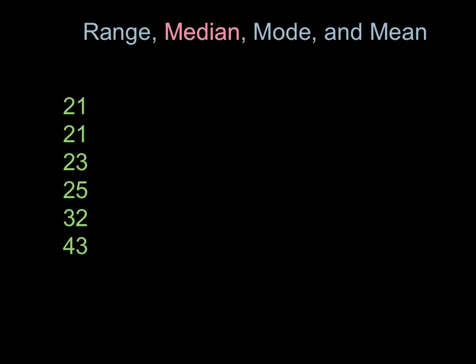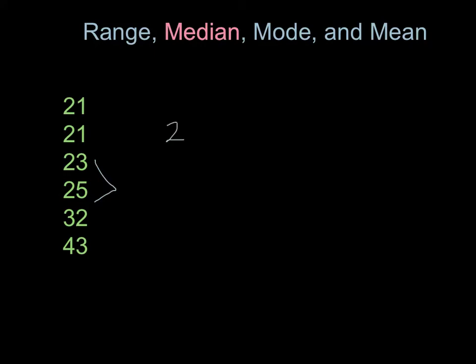Okay, here's one more example with median. In this case, they give 6 numbers instead of 5. So when finding the median with even numbers, you have to find the middle two numbers. Notice the numbers are still lined up from smallest to largest. So we need to find our middle two numbers, our pair, and we've got 23 and 25. And the way you would find the median when you have two numbers is to find the average.